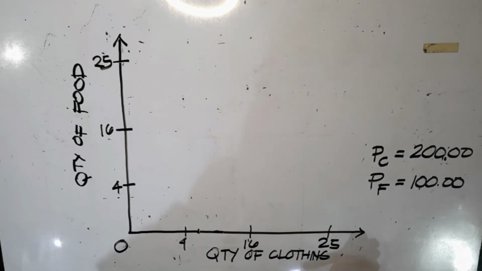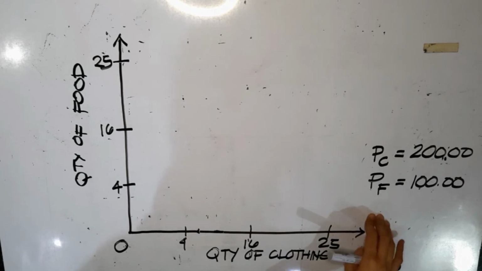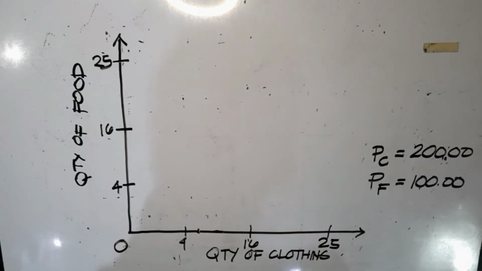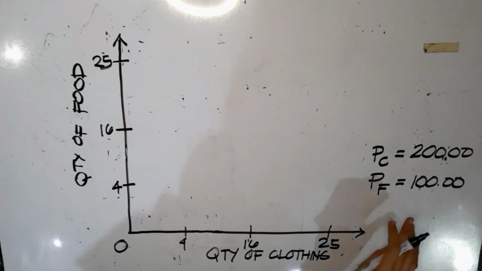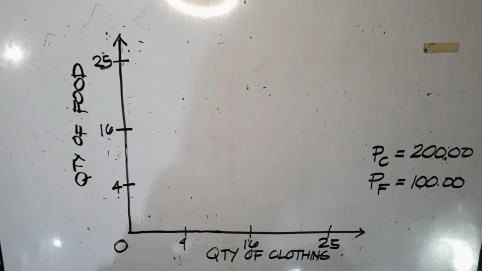So there are a lot of combinations of food and clothing in which each price would not exceed 1,000. Okay? So there are a lot of combination between clothing and food that would not exceed your income, which is 1,000. So what are those combinations?